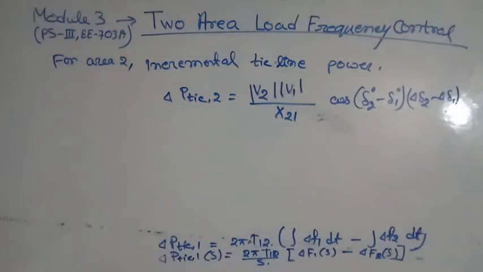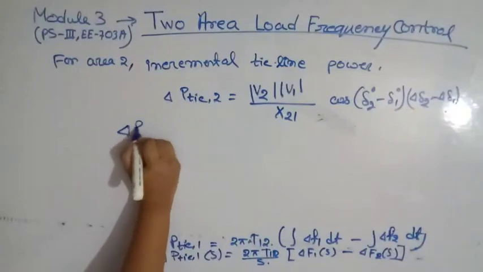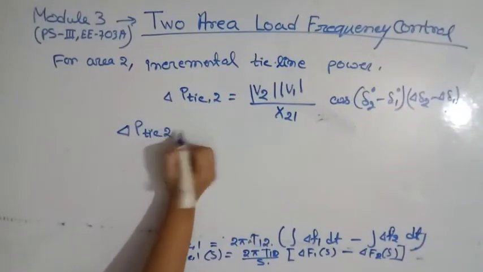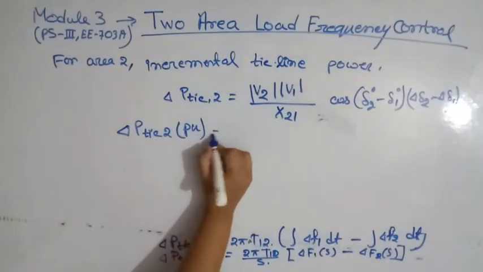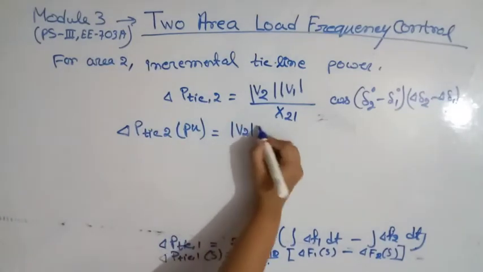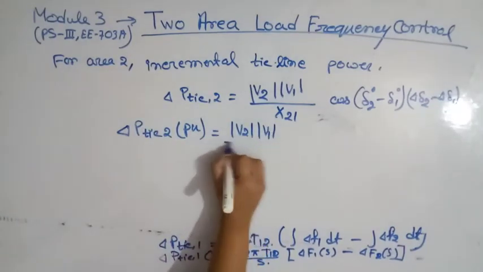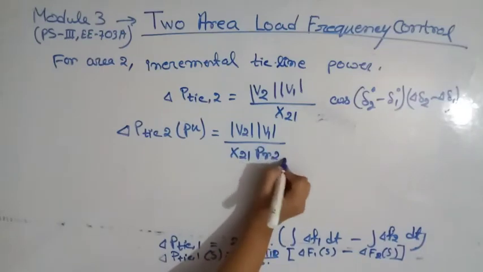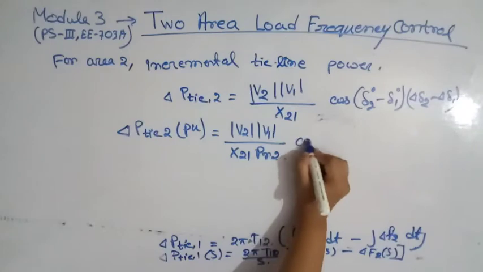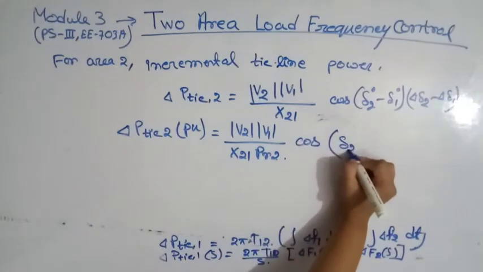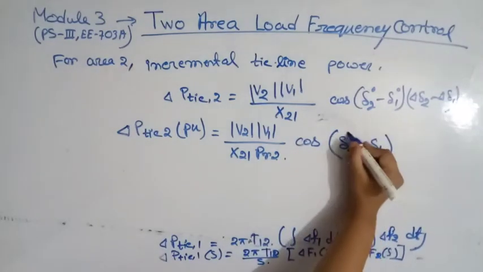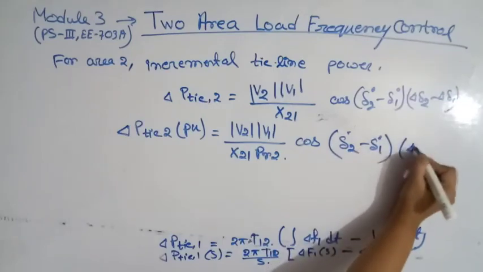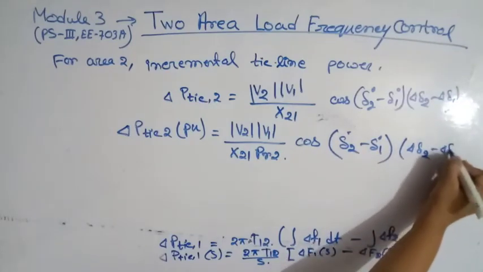Now delta P tie 2 per unit equals V2 V1 by X21 PR2 times cos delta 2 minus delta 1 times delta 2 minus delta 1.